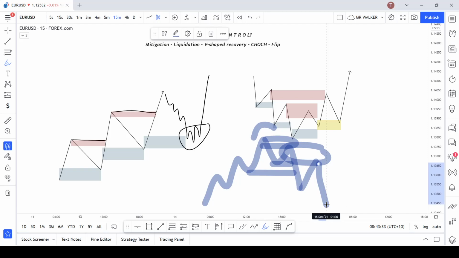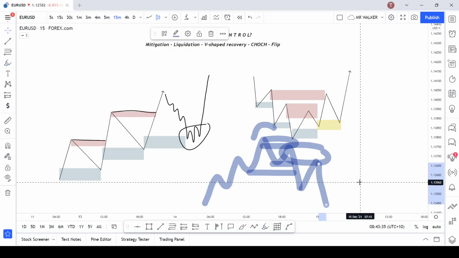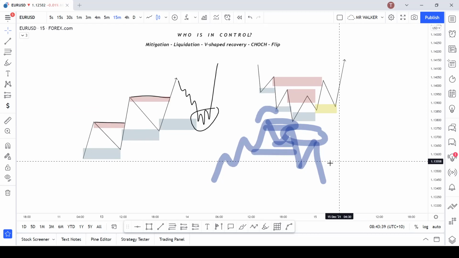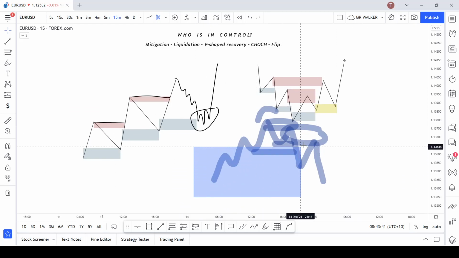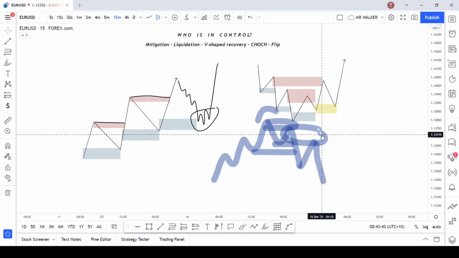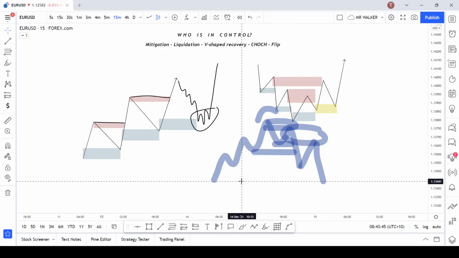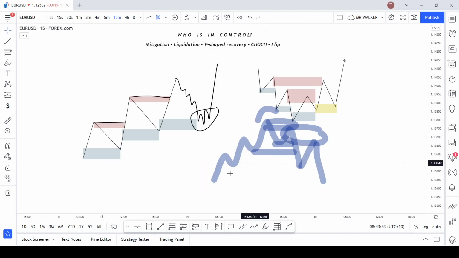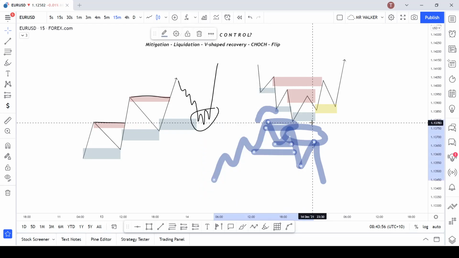All right. I hope these drawings actually make sense for you. If not, pause the video and try to get them looking better on your charts by copying mine.